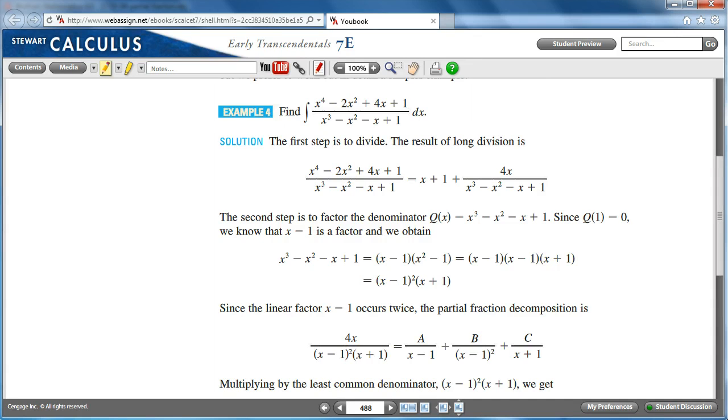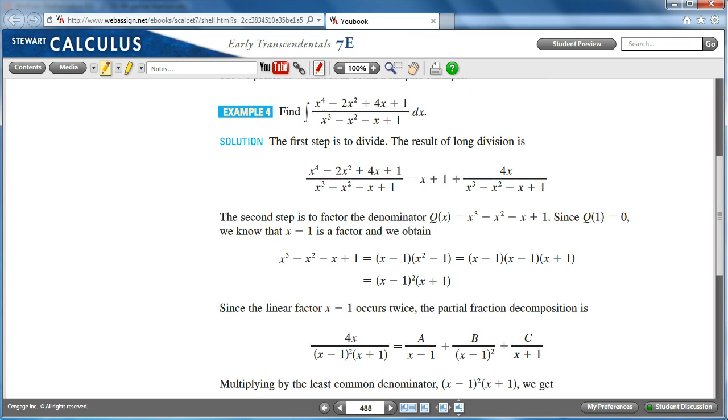Q of x is the denominator, plug in q of 1, and you're going to get 1 cubed minus 1 squared minus 1 plus 1, so that's 0. So x minus 1 is a factor. Divide this denominator by x minus 1, and the quotient is x squared minus 1, and then factor further, so you get something like this.